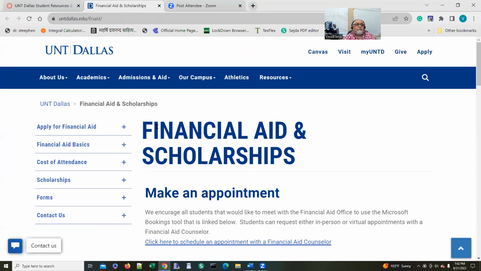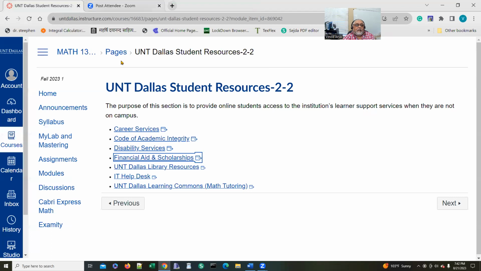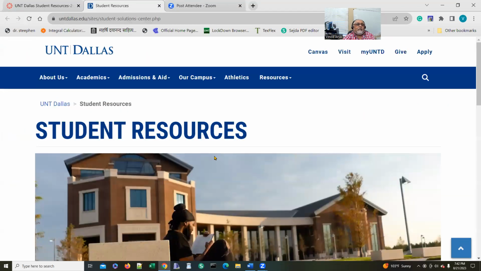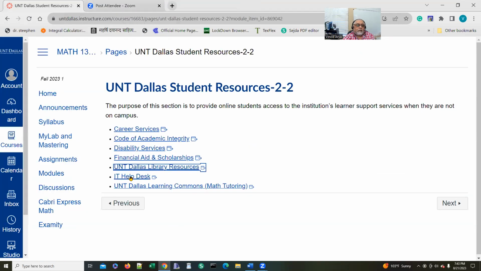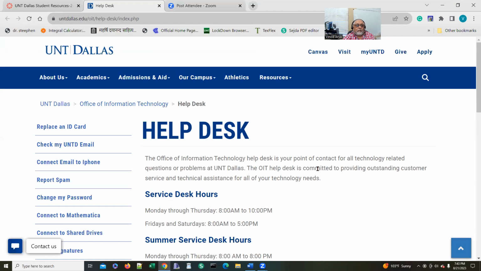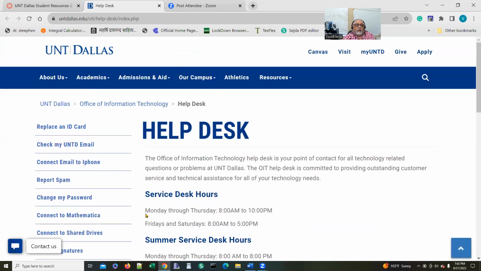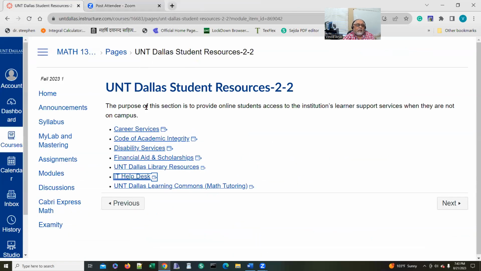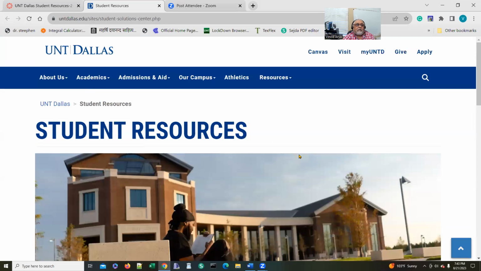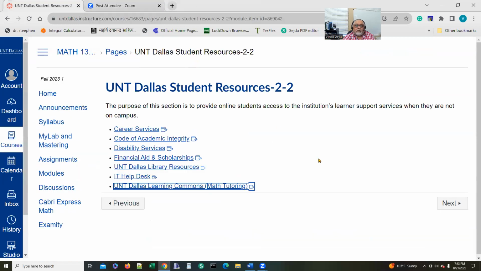Financial aid. So if you are working and you need to go to any of these resources, you don't have to go out of Canvas. You can access all these resources right from the modules section of Canvas or from your course description in Canvas. So that might help you in saving some time. So they are all listed here, okay? It's just for your benefit.